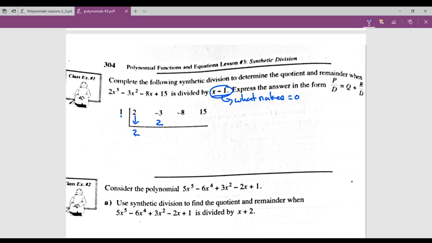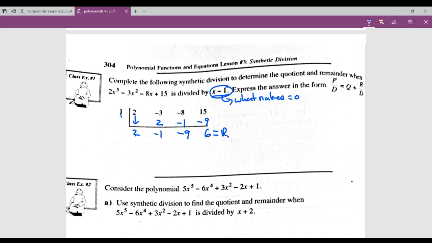Negative 3 plus 2 is negative 1. Then you multiply by this 1. 1 times negative 1 is negative 1, and that goes in the next line. Adding, always adding. Negative 8 plus negative 1 is negative 9. 1 times negative 9, negative 9 goes there.